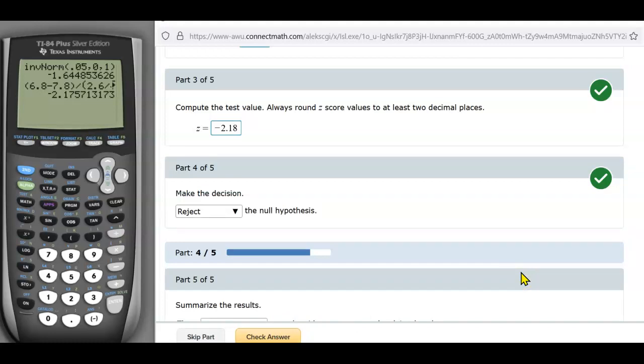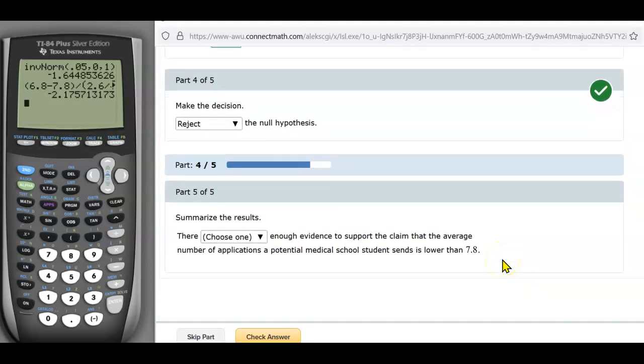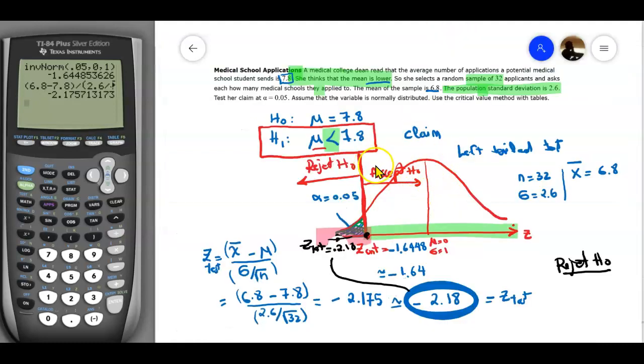Check it. Great. And if we rejected the null hypothesis, it can ask you whether there is or there is not enough evidence to support the claim, or what is my claim? Going back, the claim is H1, and we rejected H0. So we say H0 is bad. If H0 is bad, then H1 will be good, right?